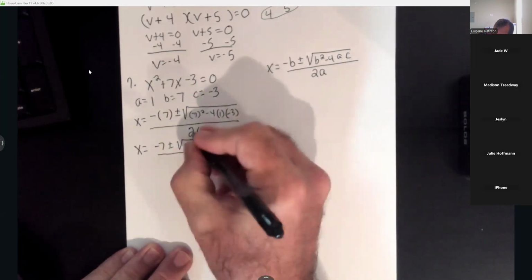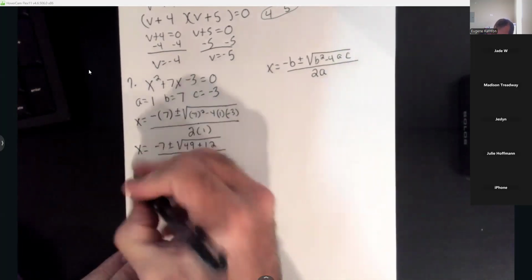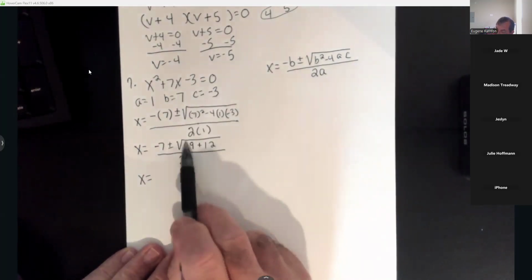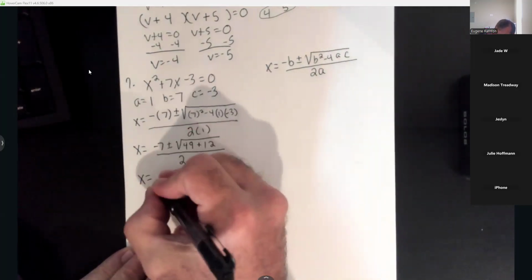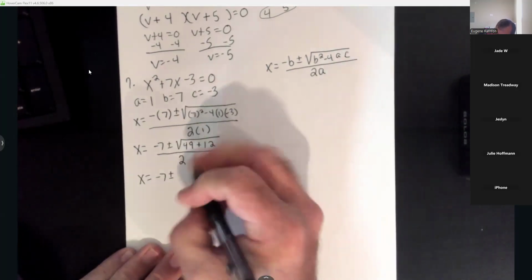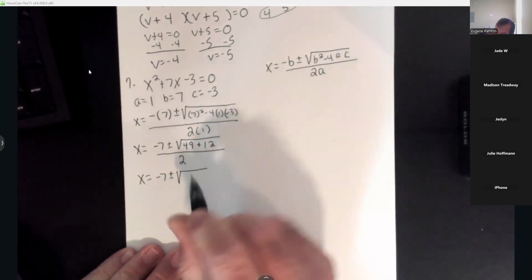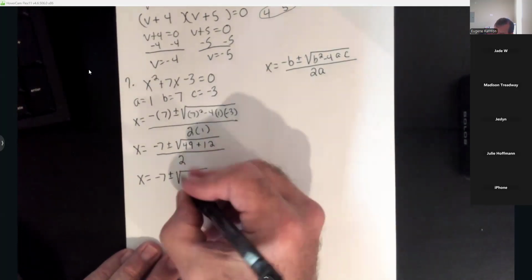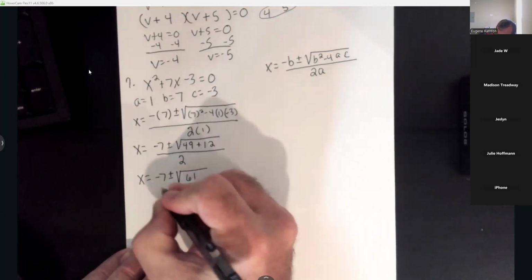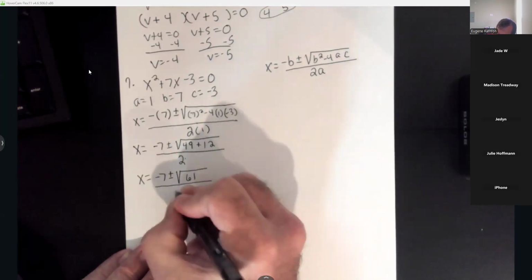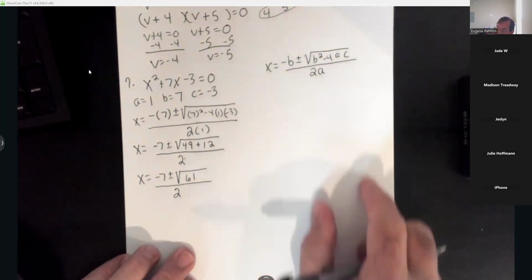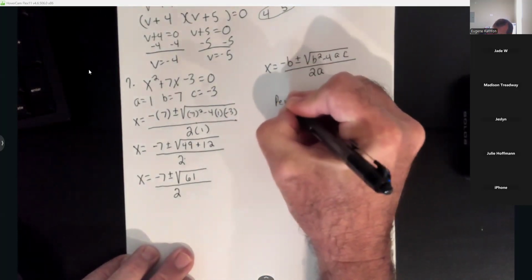All over 2 times 1, which is 2. All right, so now I can add this stuff under the radical. So bring down that -7 plus or minus square root. 49 and 12 is 61, all over my 2.